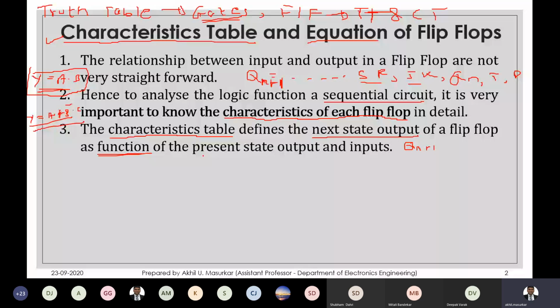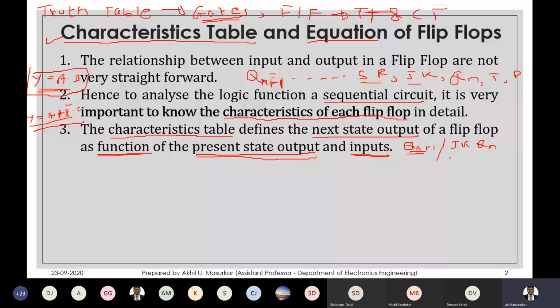Very important: if it's a JK flip-flop, then Qn plus 1 will depend on JK and the current output.